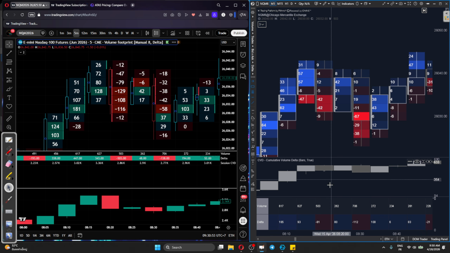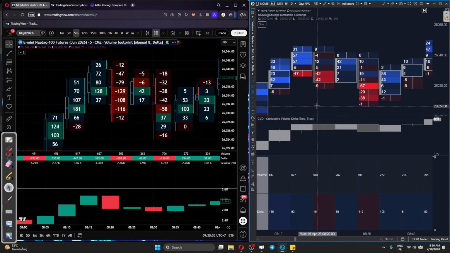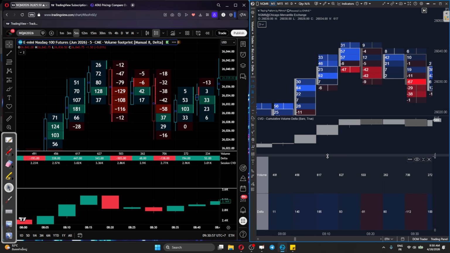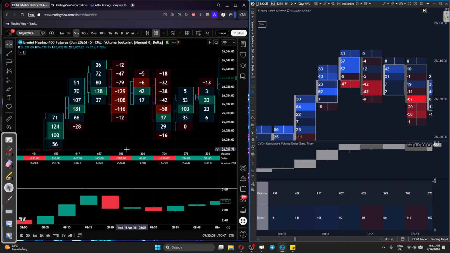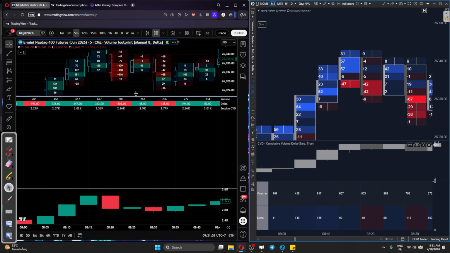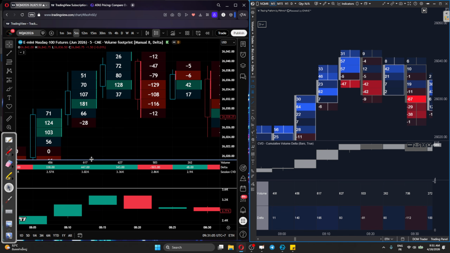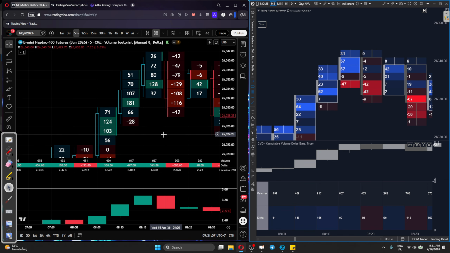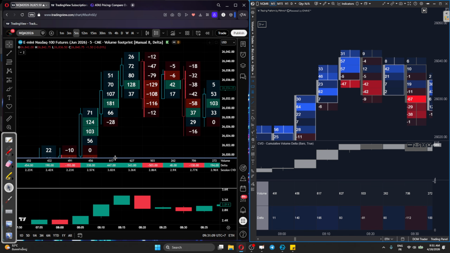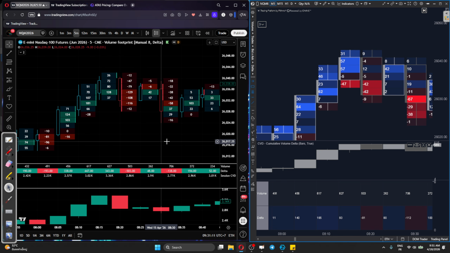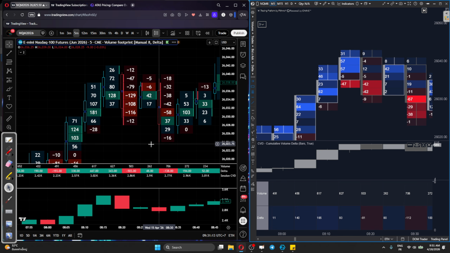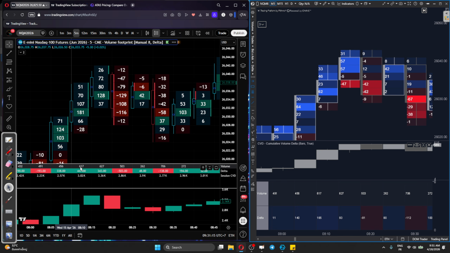That is a huge difference. By the way, I can zoom in more here to make the numbers bigger, which I can't do on TradingView. I do have an issue with this, and I always had an issue with this. But that's a big problem, guys.